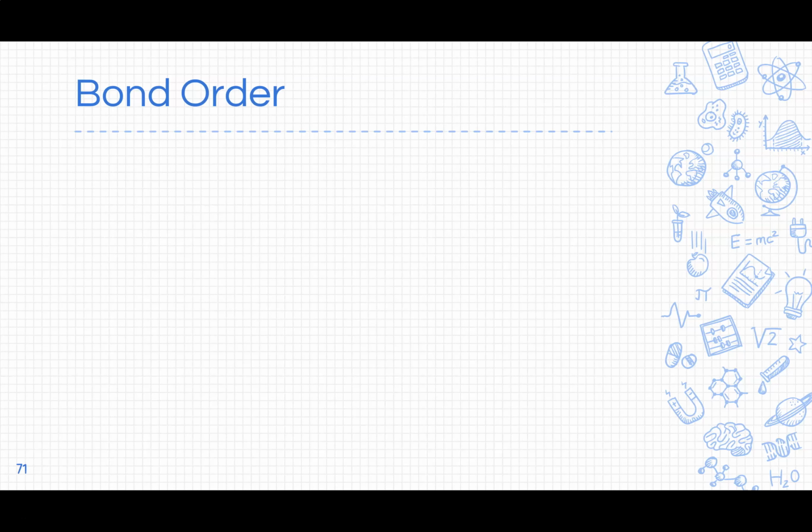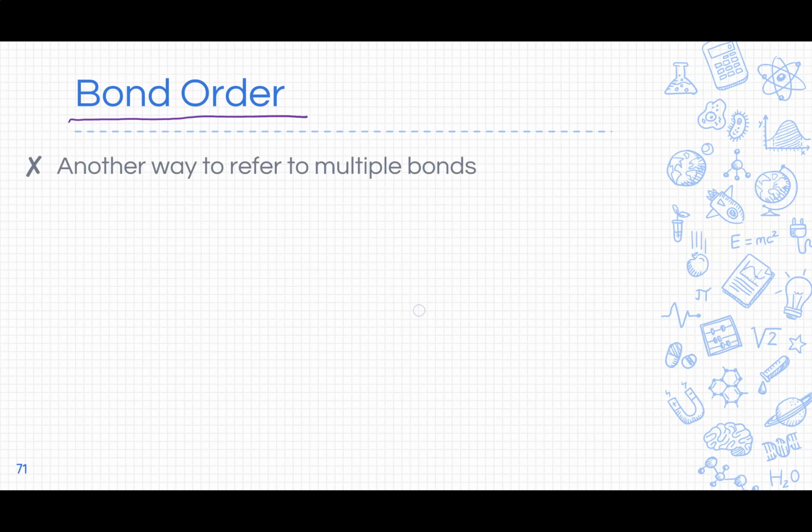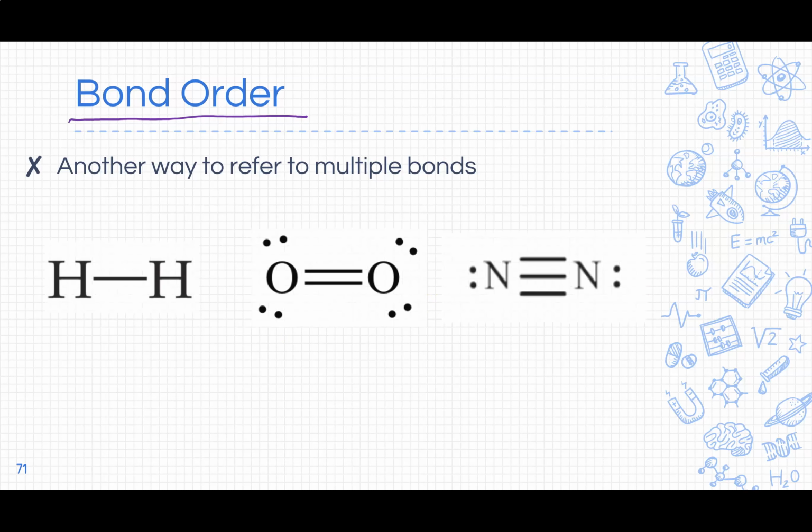Okay, so then the very last piece. I was just reviewing the College Board curriculum to make sure that I had covered everything they mention in covalent bonding, and something came up that I realized I never used: this vocabulary word, bond order. We talked a lot about multiple bonds, and bond order is literally just another way to refer to multiple bonds. Here are 3 examples: hydrogen with a single bond, oxygen with a double bond, nitrogen with a triple bond.